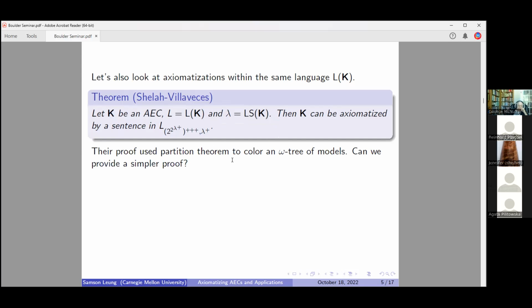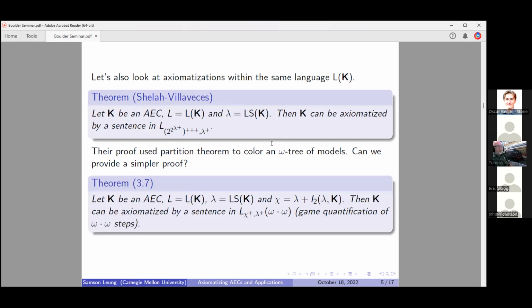And since the general question of axiomatizing AECs is quite general, and at least the question statement is simple, I always ask myself, can we just find a simpler proof, maybe with the same complexity here, or maybe higher, or maybe lower? What I've proven in my paper is that I cannot really just lower it to a smaller cardinal. I need to make also some sacrifices.